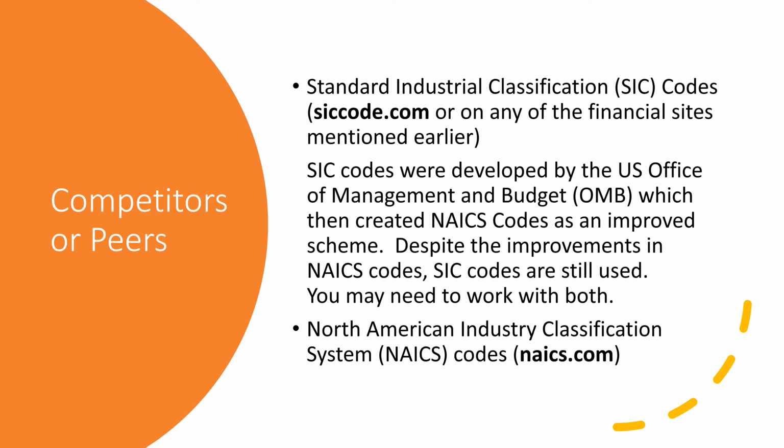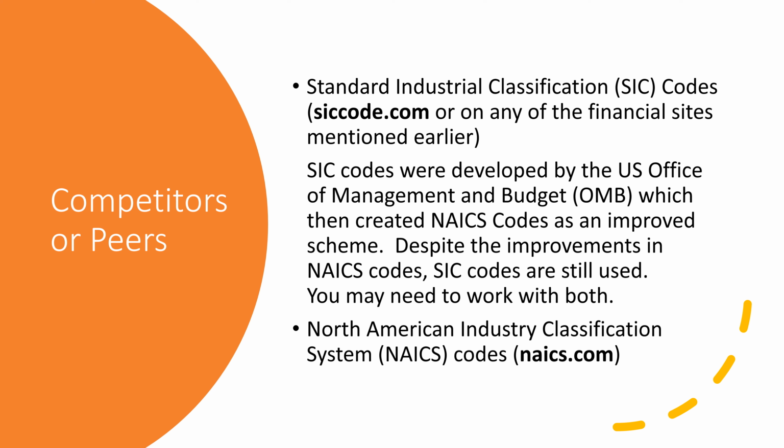Many research topics on a business can be enriched with an understanding of the performance and experience of the business's peers or competitors. That is, the other companies that are in their sector or industry. In the US, Standard Industrial Classification Codes, or SIC codes, were developed a while ago to help organize companies by industry.